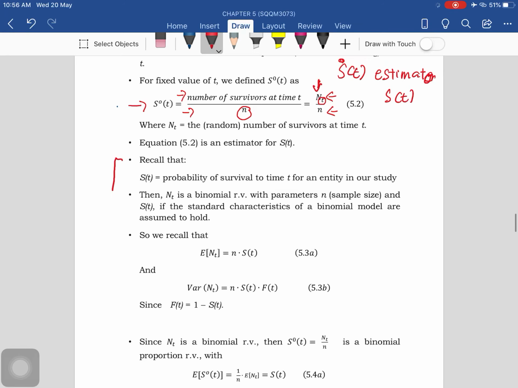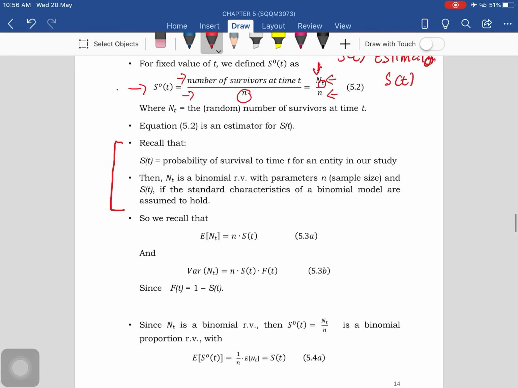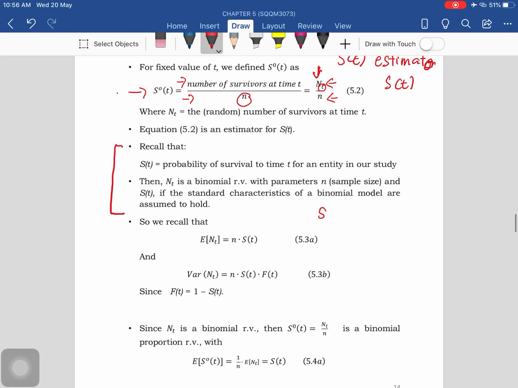This is a recall from the last class, so you can read it by yourself. Both S_hat(t), which equals n_t over n, and n_t, the number of survivors at time t, follow a binomial model. Why? Because we are looking at whether an individual dies or survives, or we can say does not survive.